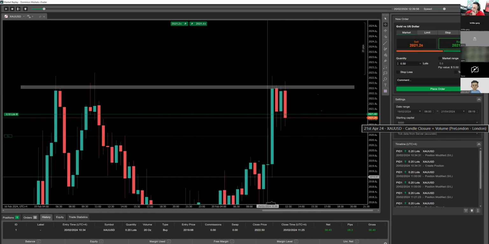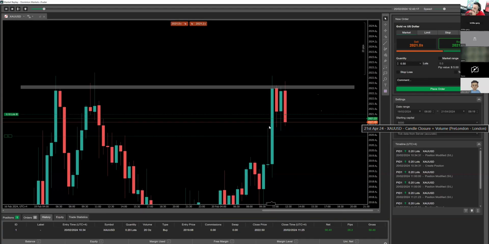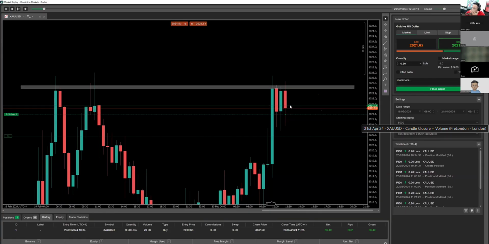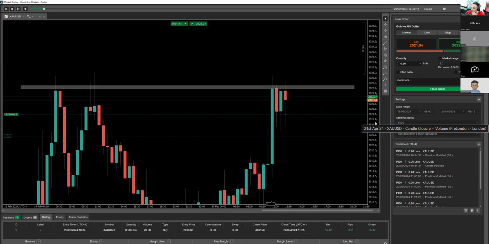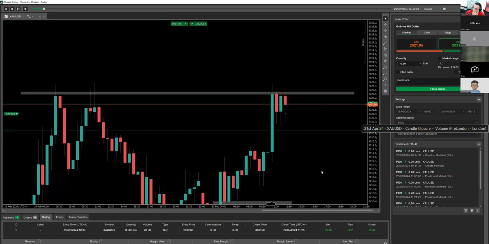But if we respect this low, then we're still in an uptrend. If this candle closes bearish, then I'm going to close the trade. But the idea is that it should close in a way which says we're still up at this point.